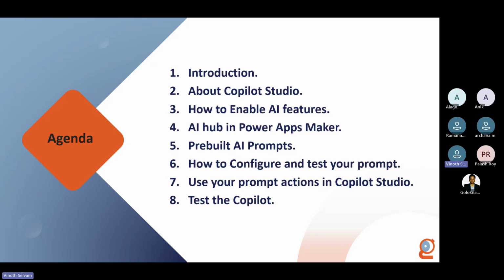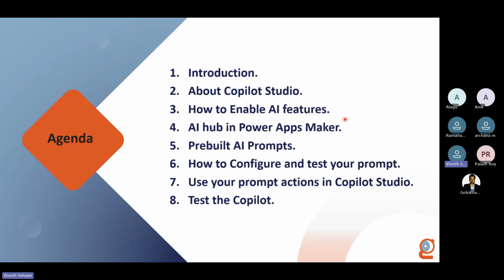And we will see some pre-built AI prompts that are already present in the system. And later we will see how to configure your own prompt and how to test it. Finally, we can see how we can develop the AI agent. So we will power up the existing D365 Sales agent and we will test and see how it is working.